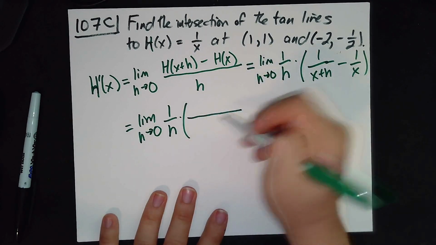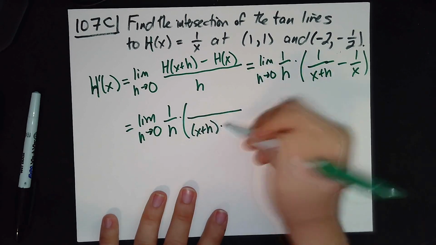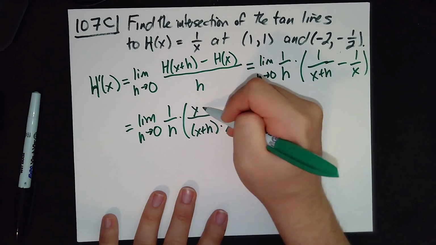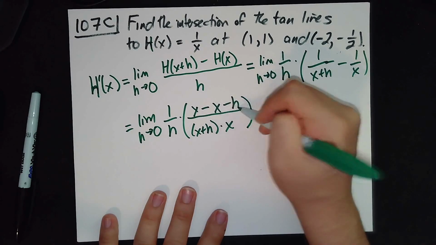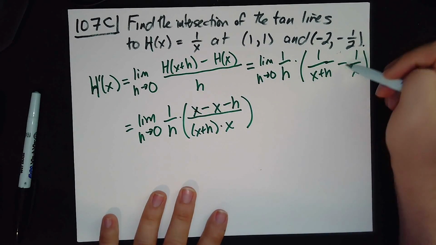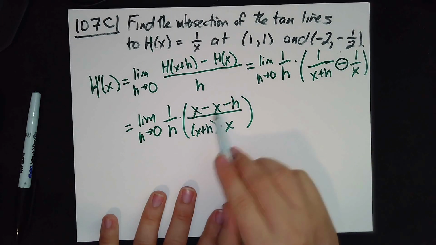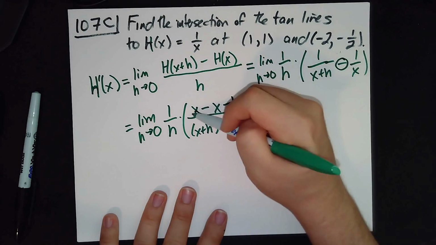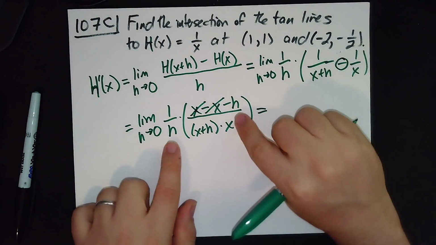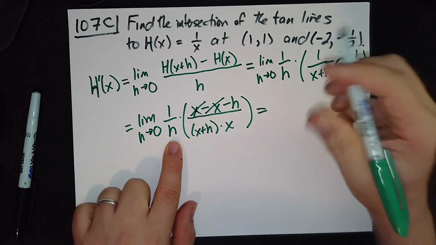And so that will be the limit as h goes to 0 of 1 over h times, and so this will be x plus h times x. And the numerator here will be x, and then minus x minus h. Again, that is because of this minus sign getting distributed, so I end up with minus x and minus h. Okay, and these cancel. So now I can cancel the h's once I've done that.